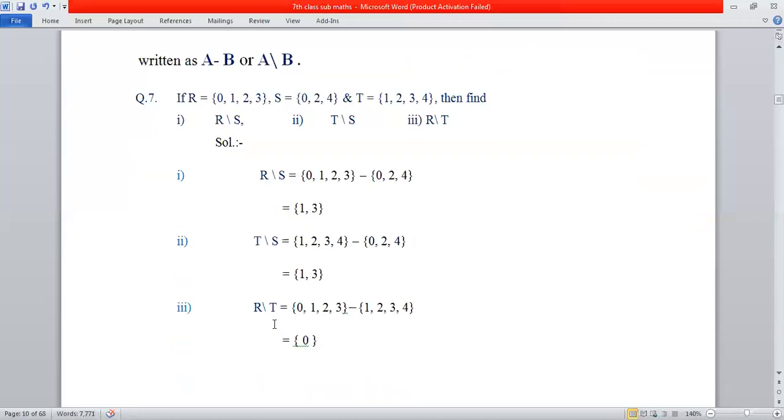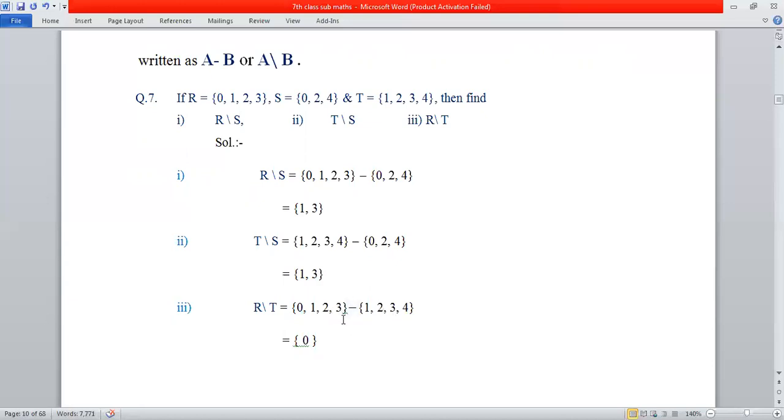Now come to the third part, R minus T. We write the set R as it is, then the minus sign, then set T as it is. Again we look at the first set. Is 0 present in the second set? No, it will come in the answer. Is 1 present there? Yes, it will be subtracted. Is 2 present? Yes, it will be subtracted.